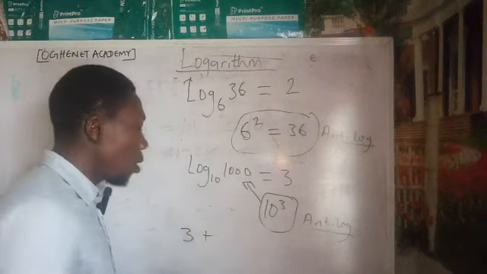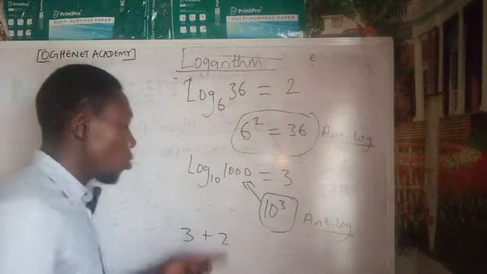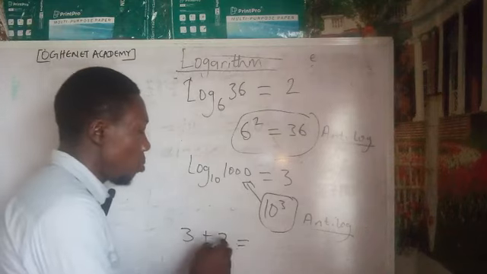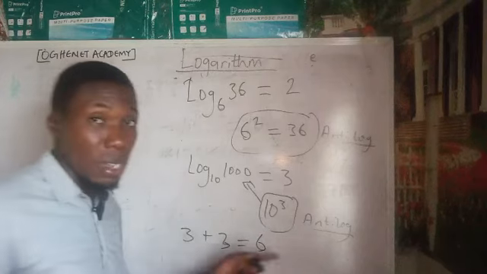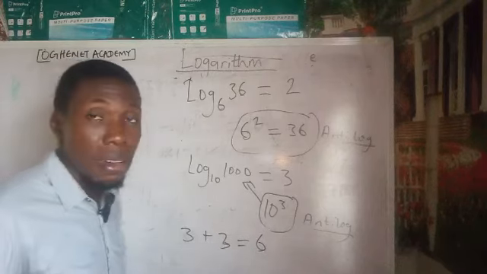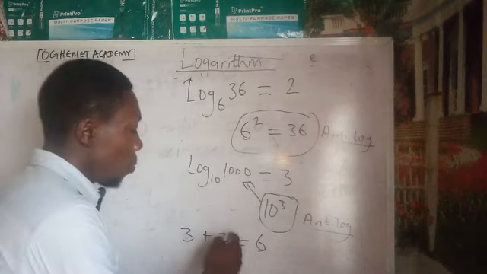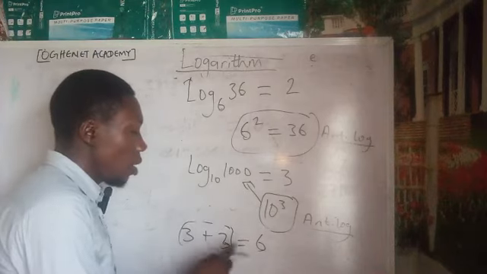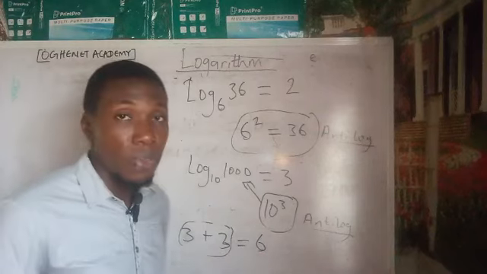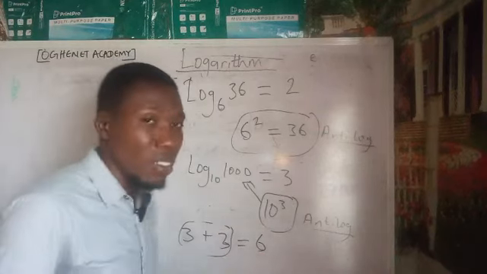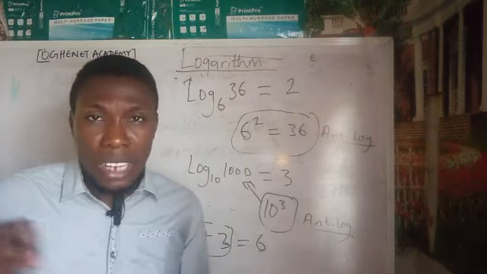And you have something like 3 again. When you add the two of them together, 3 plus 3, you have 6. So from that, you will see that the anti-log of this will actually give you what? The final answer. So that's the reason why in the slide rule, they just slide the rule.